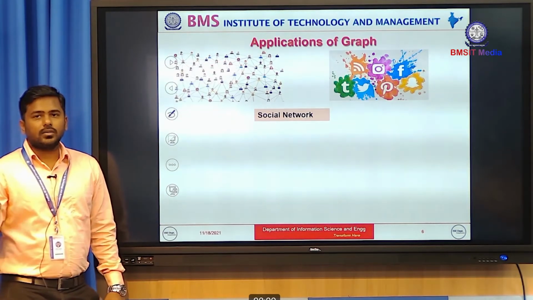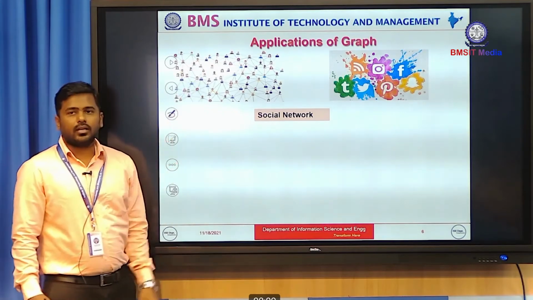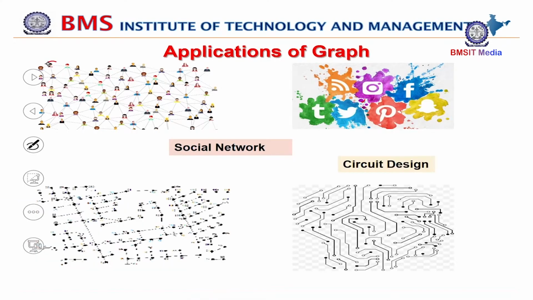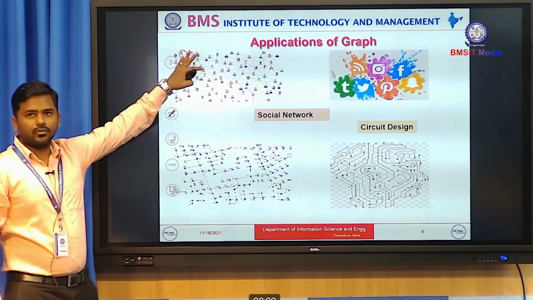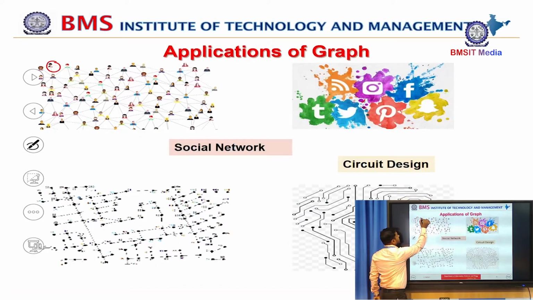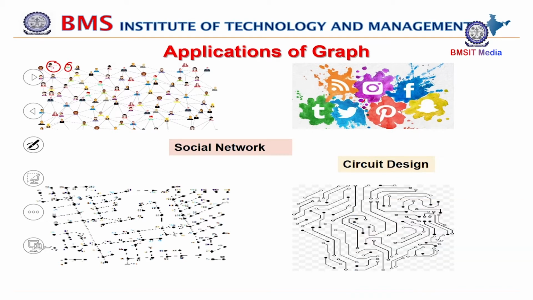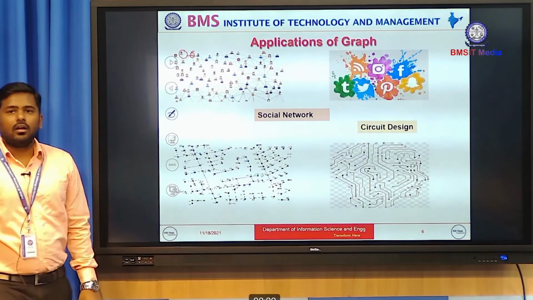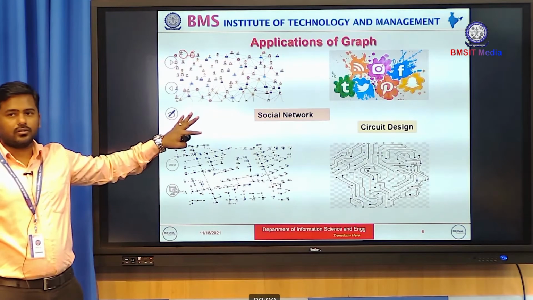This relationship is represented by an edge. You can see that here is a vertex, this is a user. If he has a relationship with another user, that is represented by an edge. This is how they use graph theory concepts for their applications.